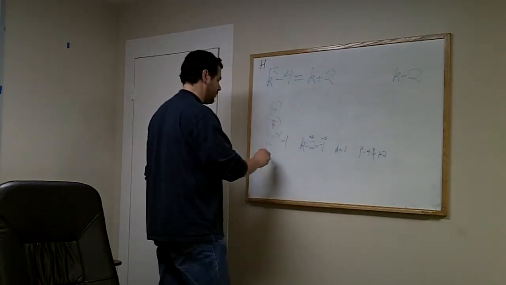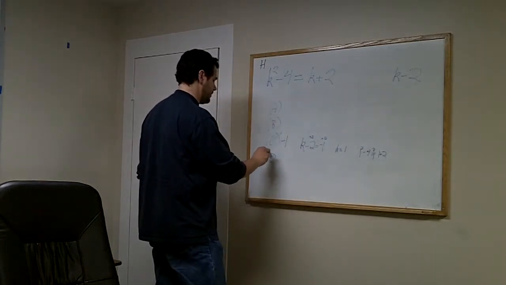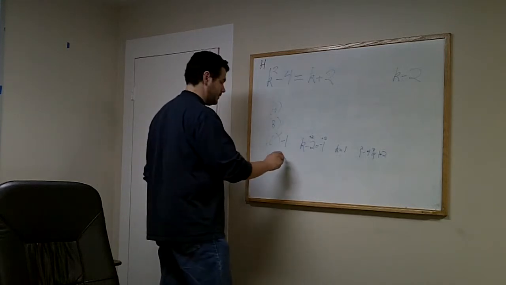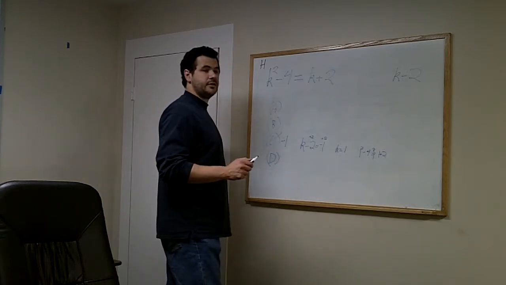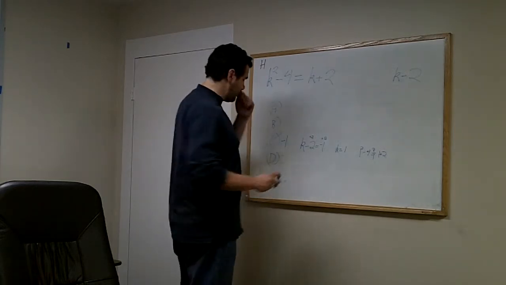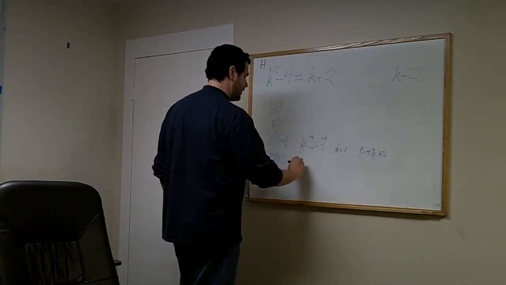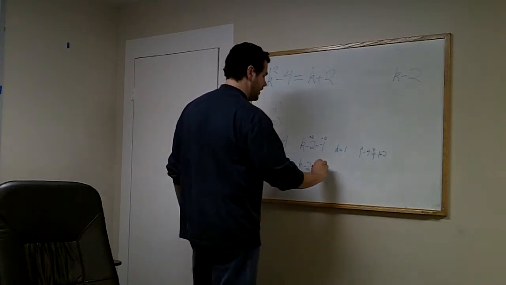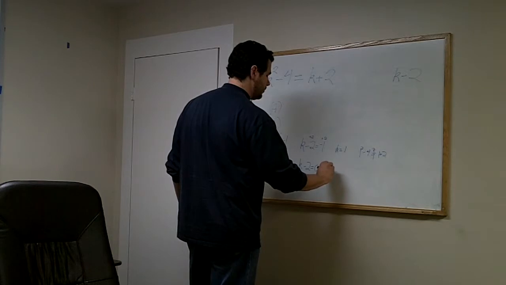What's D? D is 0. So how do we set it up? We say k minus 2 equals 0. Therefore, k equals 2.